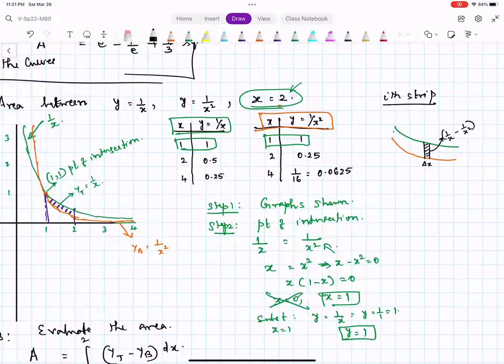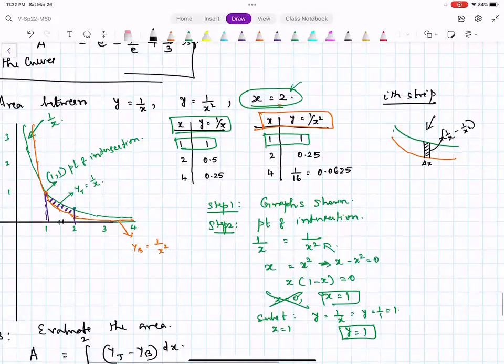In this problem, it's also asked to give a typical rectangle. So when we divide this interval 1 to 2 into a number of subintervals, the ith subinterval will give us the ith strip. This ith rectangle would be of width delta x, and the height will be y top minus y bottom.